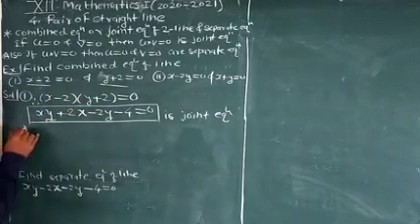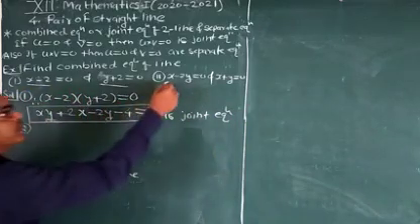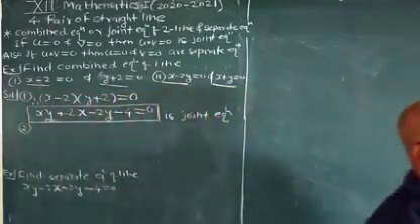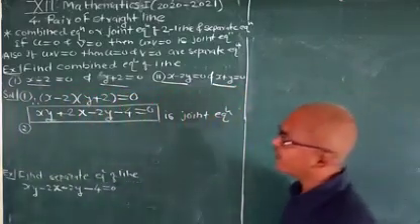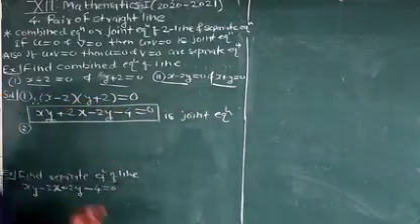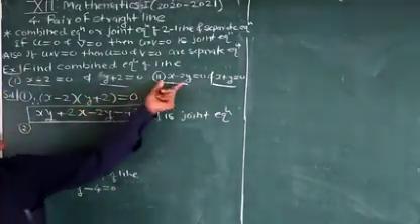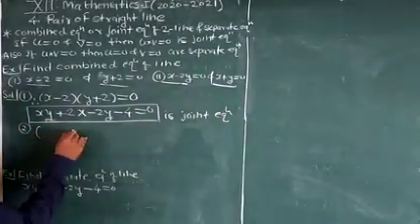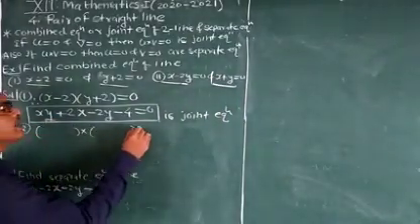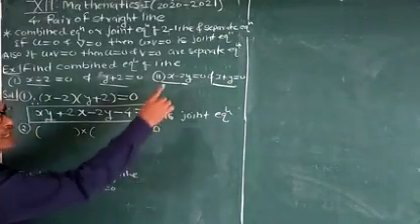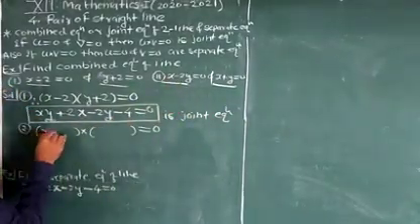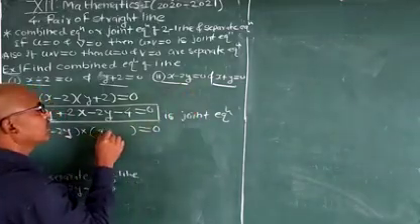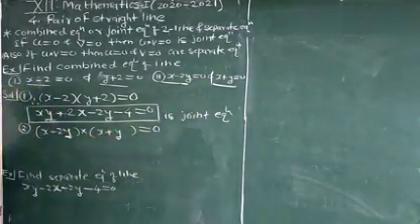Similarly, the second question: this is equal to 0 and this is equal to 0. I cannot write the question repeatedly, so here is the direct answer. The product of these two lines equal to 0: the first line x minus 2y into the second line x plus y equal to 0.